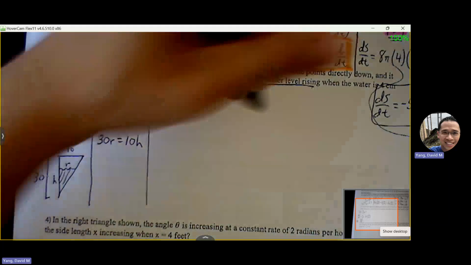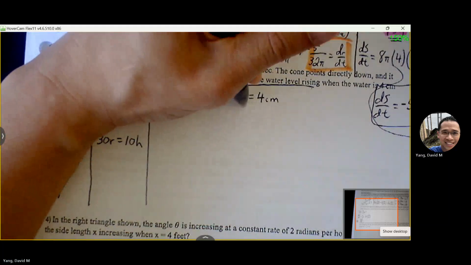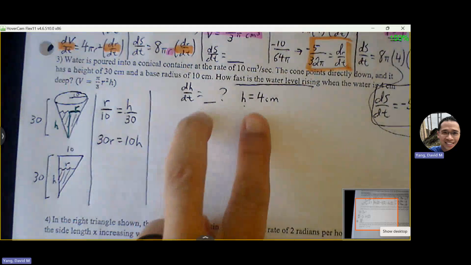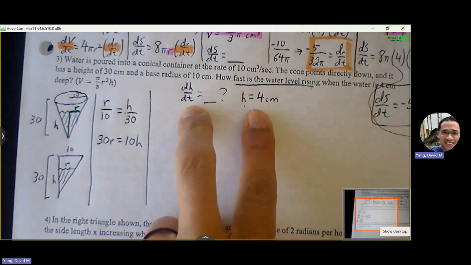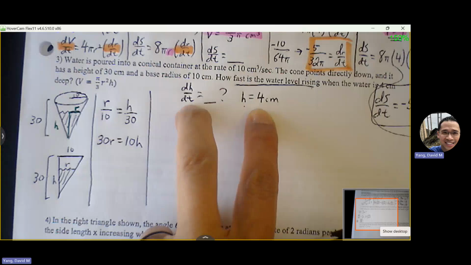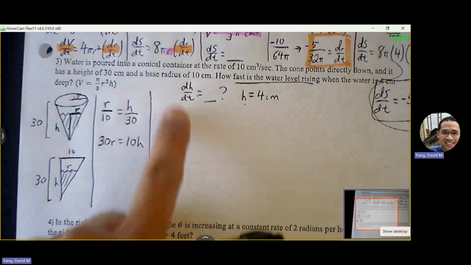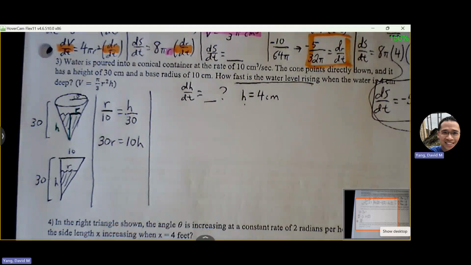When the water is 4 centimeters deep, they also give us information about the height. So these are nice clues to indicate that if we can have our volume equation in terms of height, then these will just naturally show it for us, rather than radius. We can still get to this from radius, but it'll take maybe another step.